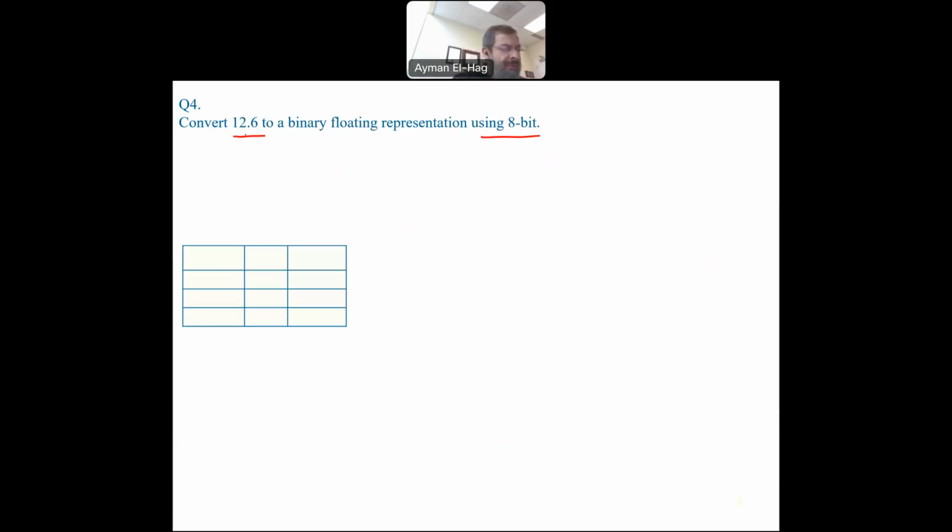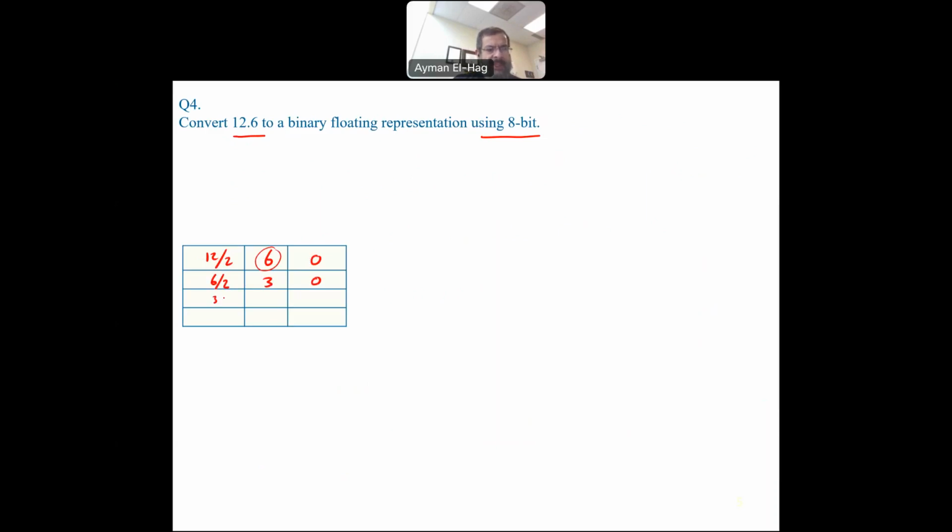So first, we need to convert the 12 into the binary system. For the whole number, you divide by 2. For the decimal, you multiply by 2. So here we have 12 divided by 2, which is 6, remaining 0. Take the 6 divided by 2, it is 3 and remaining 0.